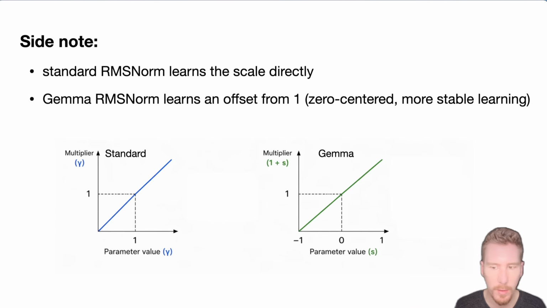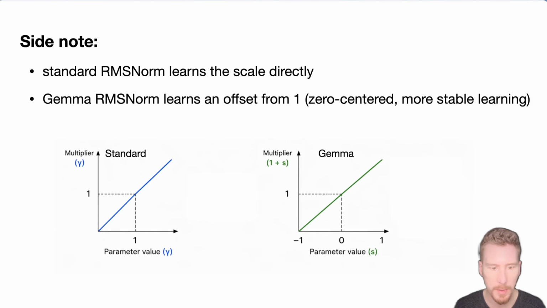I should have maybe included the whole formula, but it's only a side note here. Basically what we can learn is that Gemma has the learnable parameter centered at 0, and that presumably makes the training more stable, because traditionally in deep learning, if we have 0-centered parameters, it's easier for something like Adam to optimize this compared to something that is offset from 0.